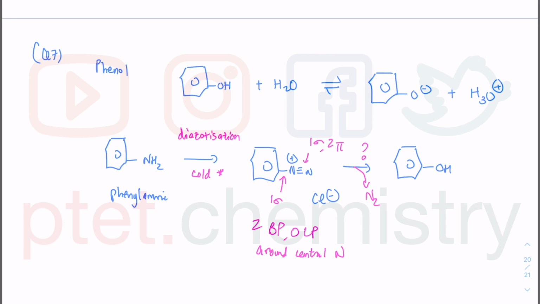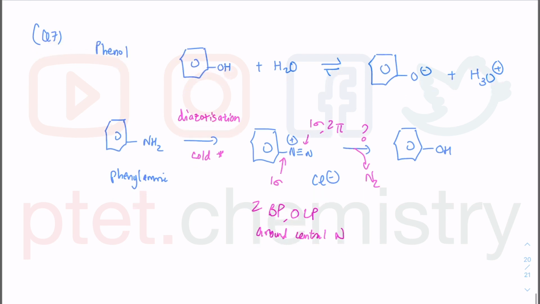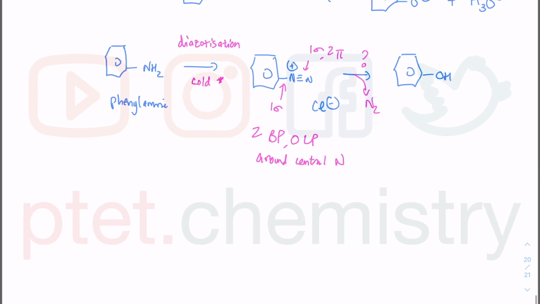This is called diazonium. RN2+ Cl- is called diazonium chloride. Anyway, they're not asking for much for that 2 marks. They're asking for reagents. So your reagents for your first step are going to be dilute HCl as well as NaNO2.